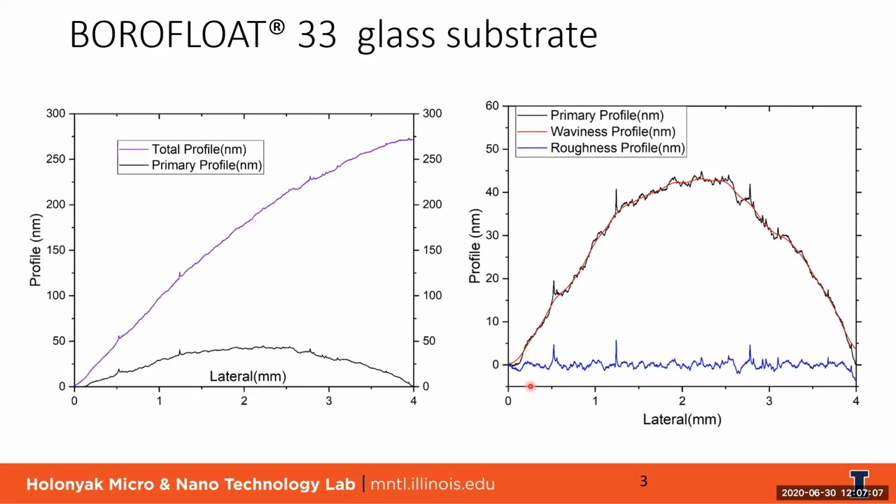This is kind of a rule of thumb, but it also depends on what kind of roughness length scale you are interested in to set that long pass filter cutoff. But by doing that, you can see that with the long pass filter, any height variation that has a length scale longer than 0.4 millimeter gets passed on to the red curve.